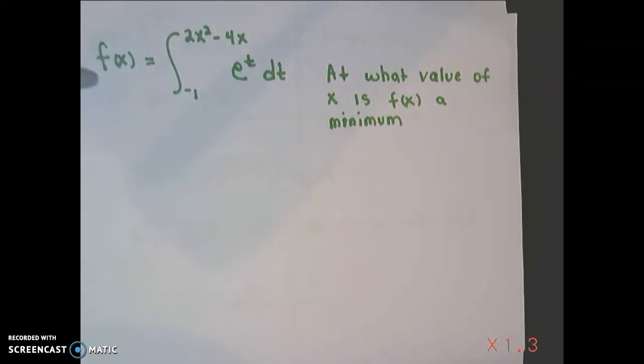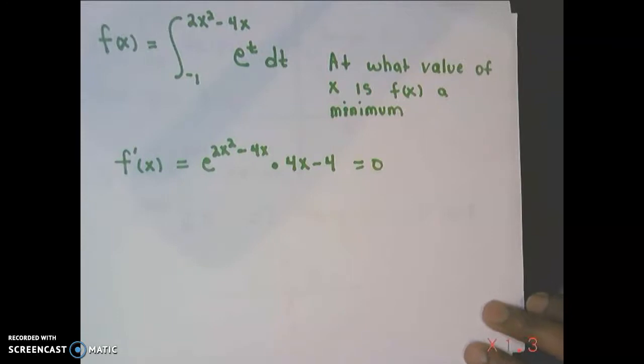We can see here we're going to have to take the derivative of f of x, which is written as a function. Generally when you're taking the derivative of an integral, you're going to be using the second fundamental theorem of calculus. So let's go ahead and find f prime.